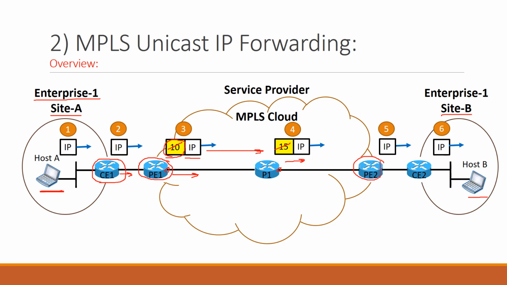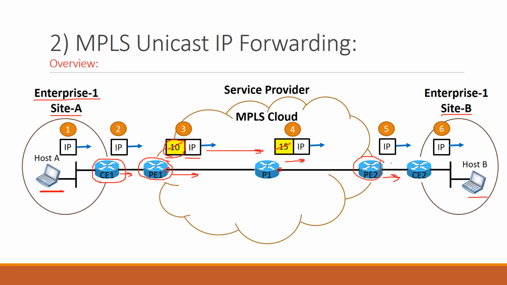Now provider edge 2 will receive the labeled packet with label number 15 and it will decide that this label should be removed in step 5 and send an unlabeled packet to customer edge 2.